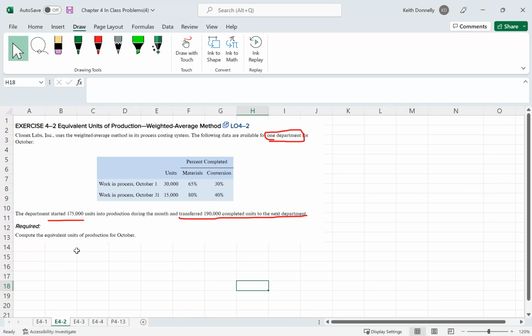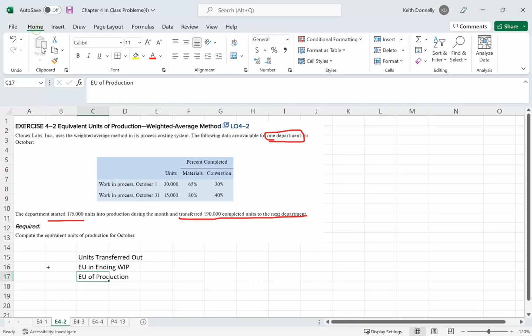Now what they want us to do is complete the equivalent units of production for October. Now if we remember from the PowerPoint, the equivalent units of production is going to be the units transferred out, right? You produce those in the department, plus the equivalent units in the department's ending WIP, right? That's going to give you the department's equivalent units of production.